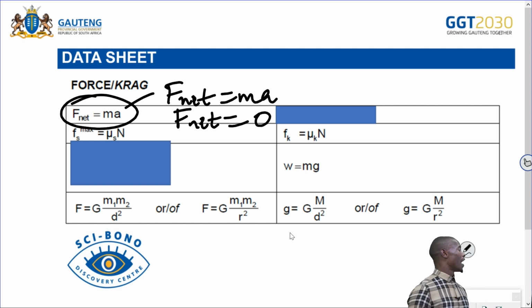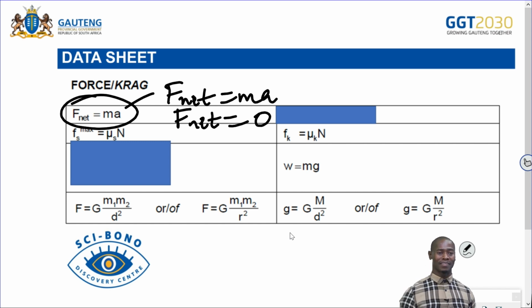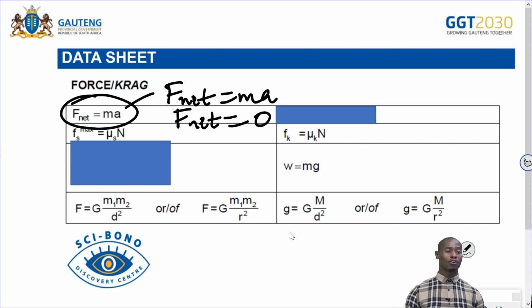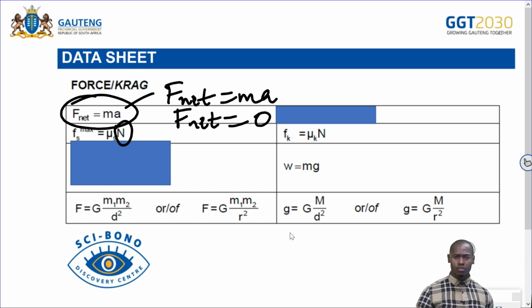Another equation here is your f_s max, the maximum static friction. You must know what maximum static friction is. It is given by f_s max equals mu_s, which is the coefficient of static friction, multiplied by the normal force. You must know what the normal force is also, all right? Remember, it is defined as the force that the surface exerts on an object which is in contact with it, and it acts perpendicular to the surface.